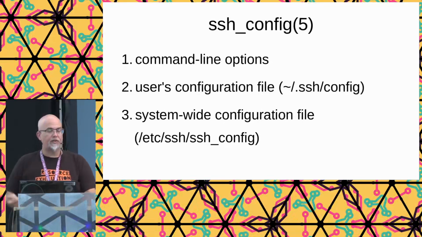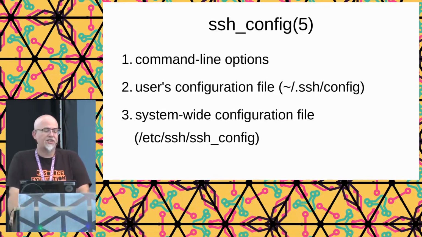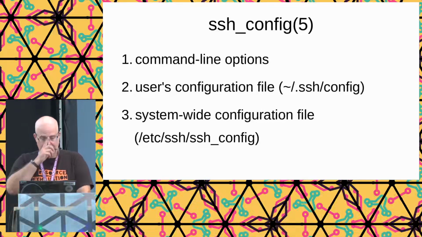You can use a user configuration file, which is applicable to each user. Each user can have his or her own config file. And of course, as a system administrator, you can also provide a system-wide configuration file for the SSH client.